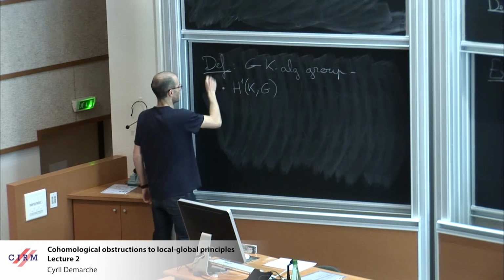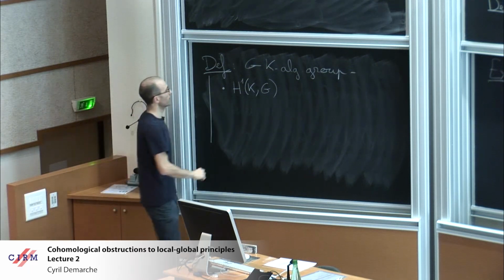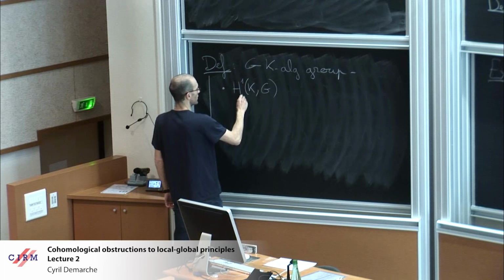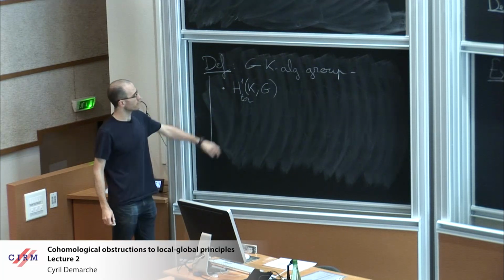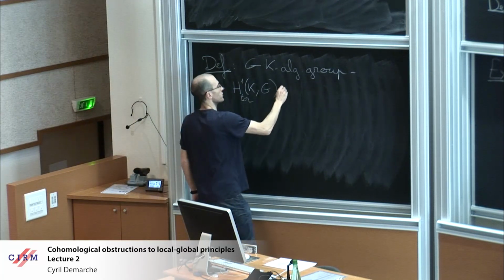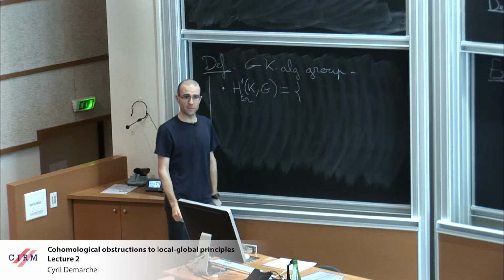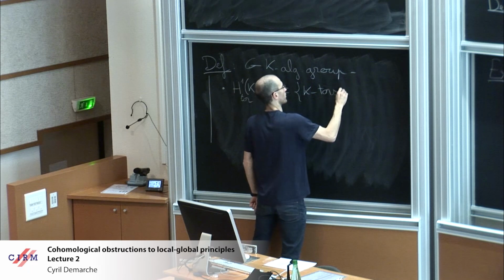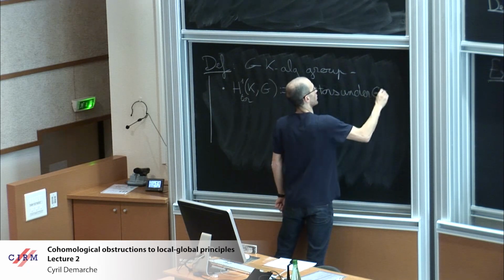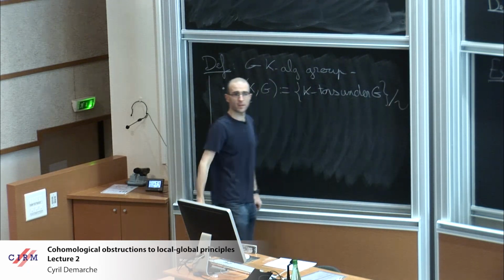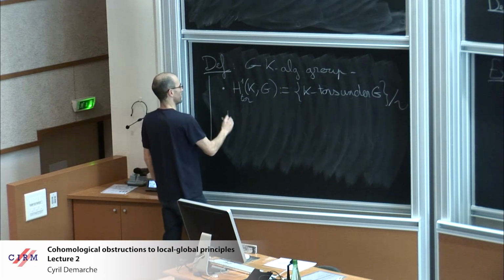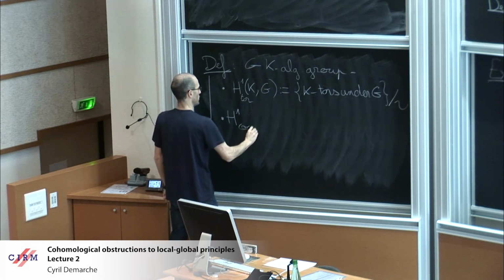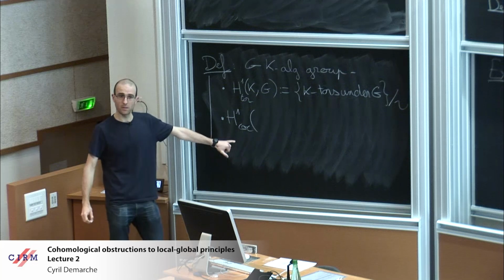I will define two objects. First, what we can call H1 tor(K, G), which will just be the set of isomorphism classes of K-torsors under G, up to isomorphism.